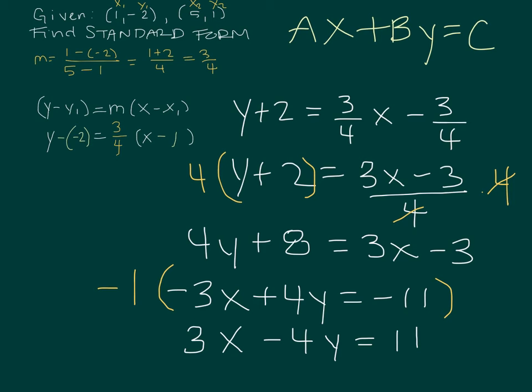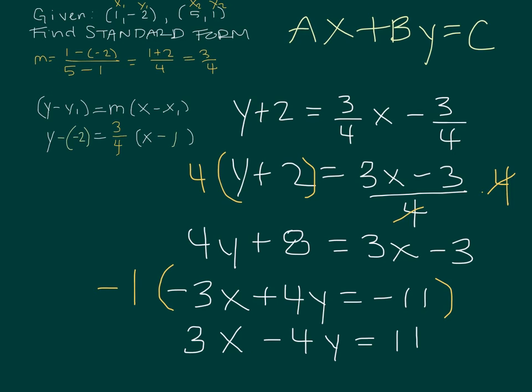Now, I've got two different types of formulas that deal with slope. Standard form isn't one of them, unfortunately. So I've got point-slope form, and I've got slope-intercept form. I haven't talked about an intercept anywhere, so I'm going to use point-slope form. I've got a point and a slope, so I'm using point-slope form here.